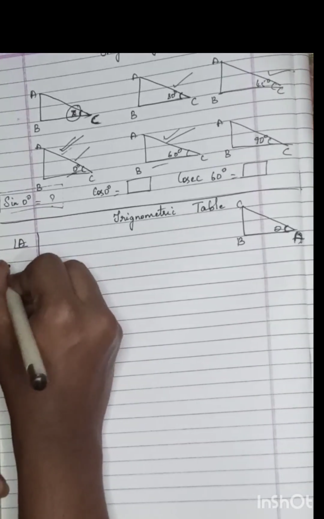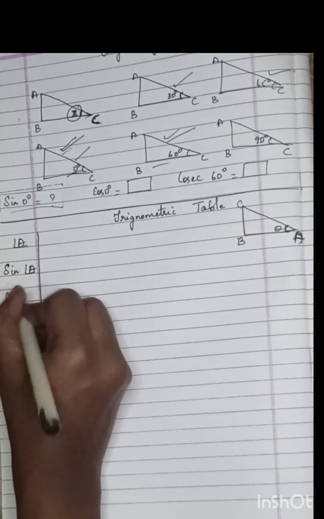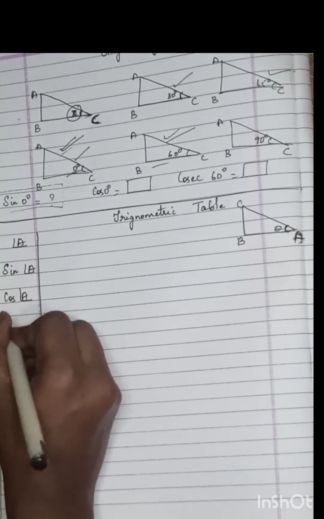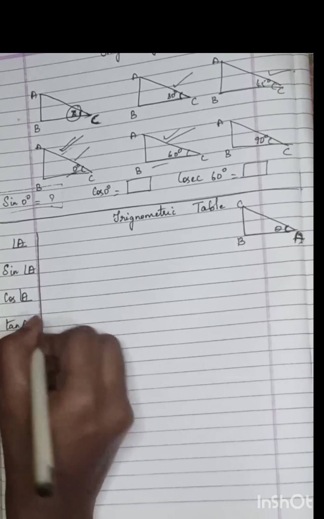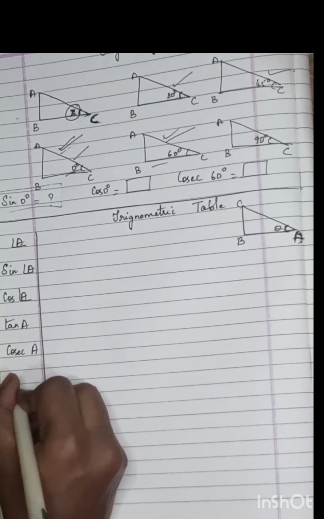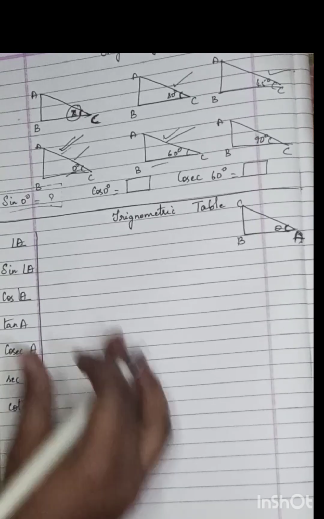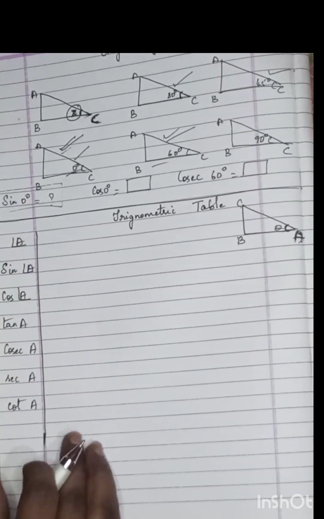Let us start with sine A, cos A, tan A, cosecant A, secant A and cot A. So these are the trigonometric ratios.